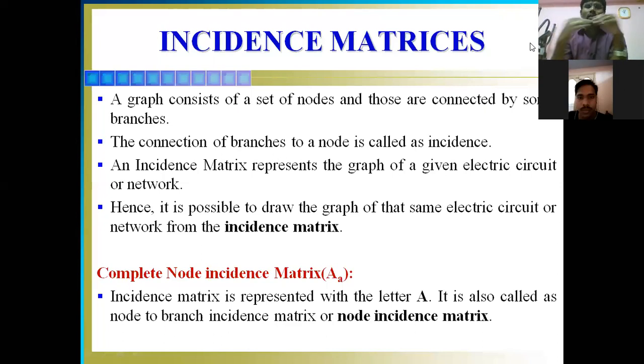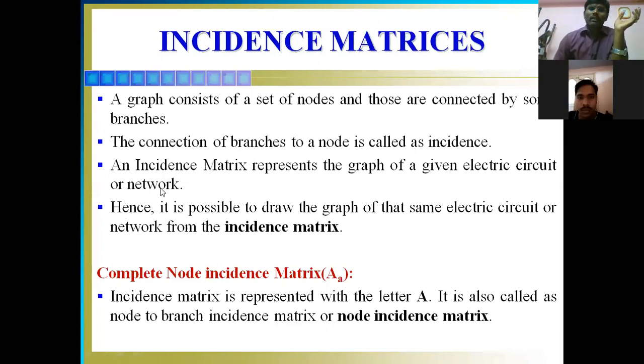The connection of a branch to a node is called incidence. Incidence means connection of a branch to a node. If a branch X is connected to node Y, then branch X is incident to node Y.